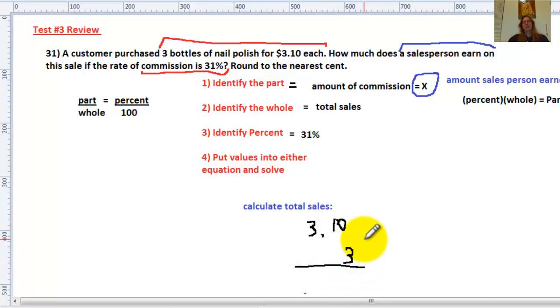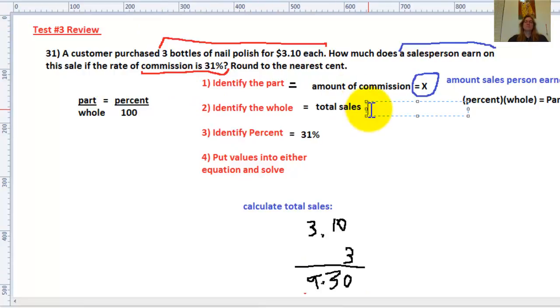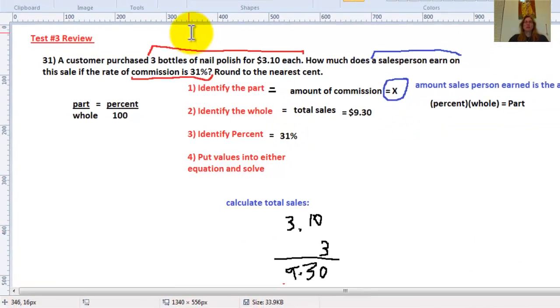You could probably figure that out in your head. It comes out to $9.30. 3 times the 10 cents, so 3 dimes is 30 cents, and then $3 times 3 is 9. So the total sales equals $9.30.